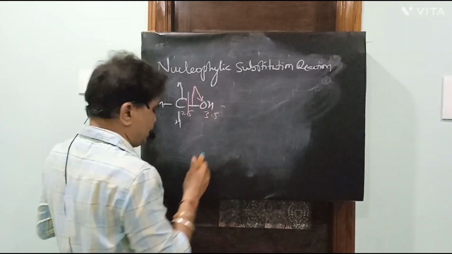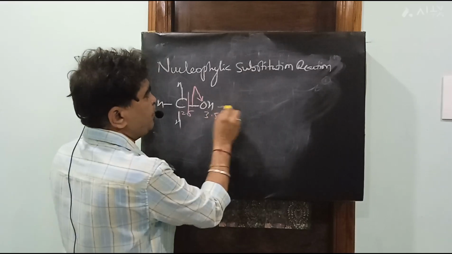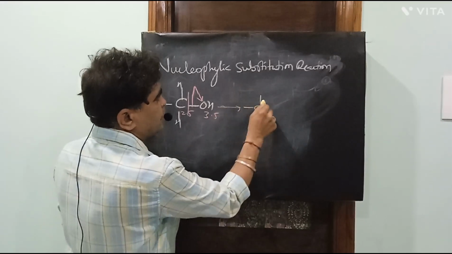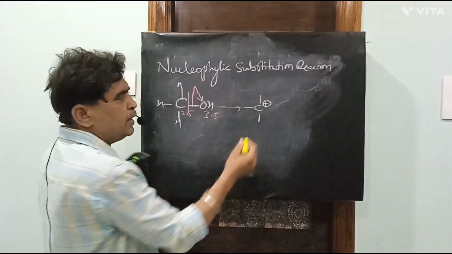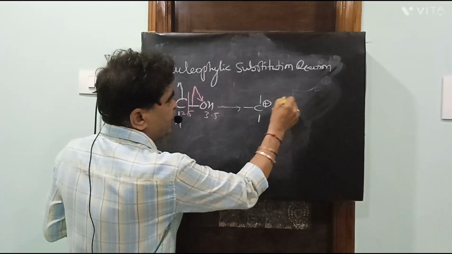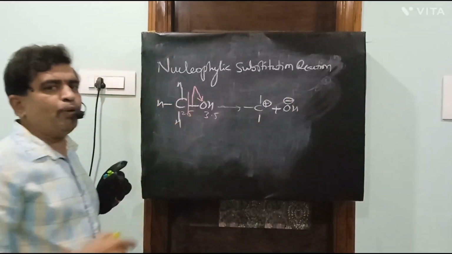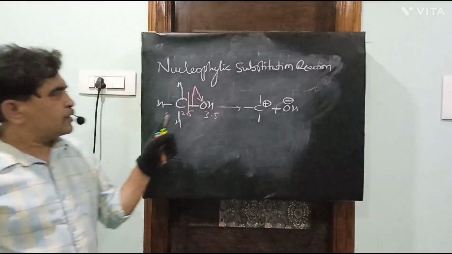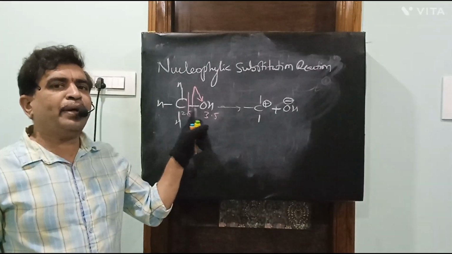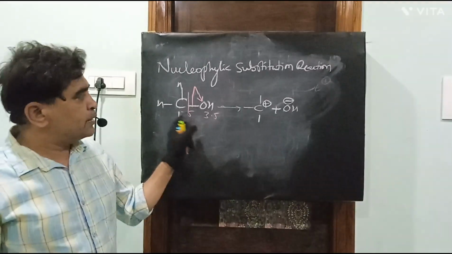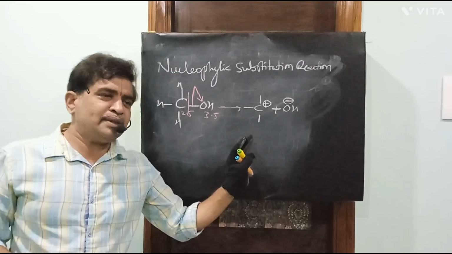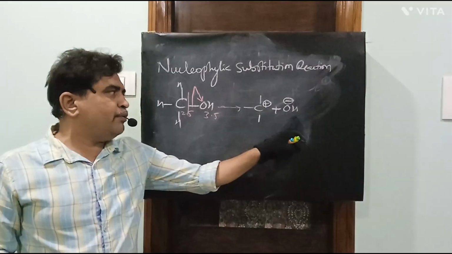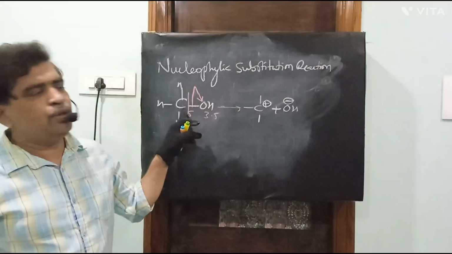So the carbon gets a positive charge and at the same time the oxygen gets a negative charge. So it is heterolytic cleavage. The bond between the carbon and oxygen is broken heterolytically, the electrons move towards the oxygen, the oxygen becomes negative and the carbon becomes positive.